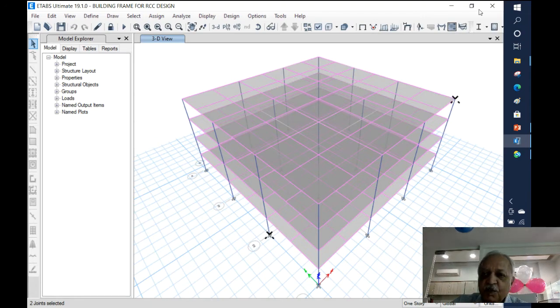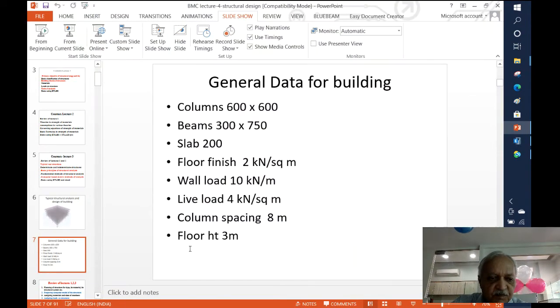So we have a massive problem before us, and we are going to analyze this particular structure subjected to all these loads. Those many equations of equilibrium will be written down, they will be solved by the software, and in the end you will be able to get the displacements, and you will be able to get the internal forces in the members.